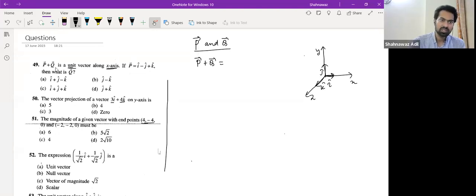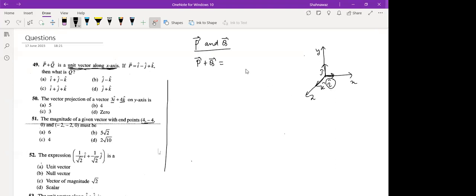So in this question, P plus Q is a unit vector along x axis. So these words suggest what? This I cap. Unit vector along x axis is I hat. So P plus Q would be how much?